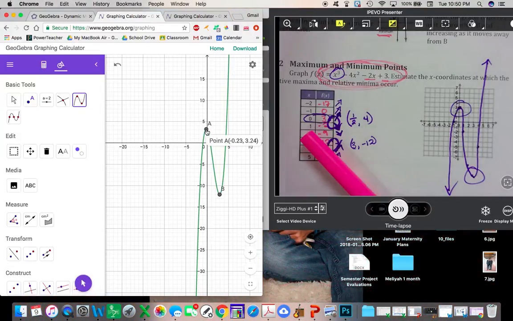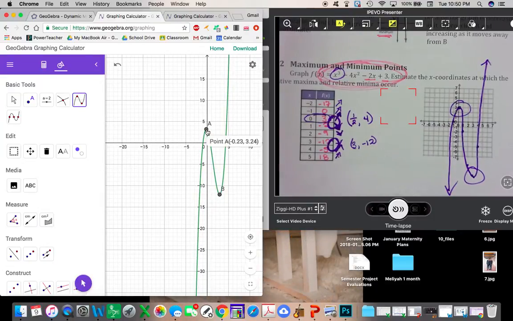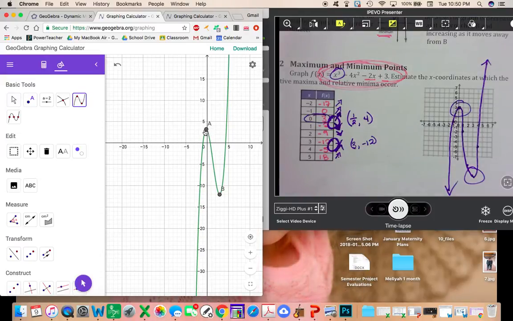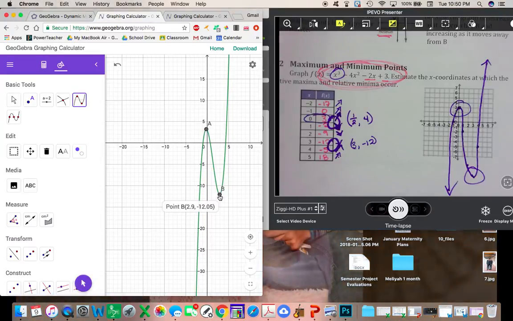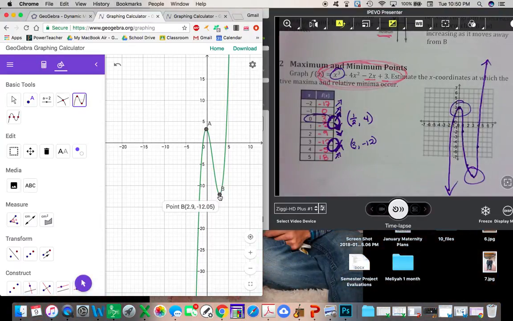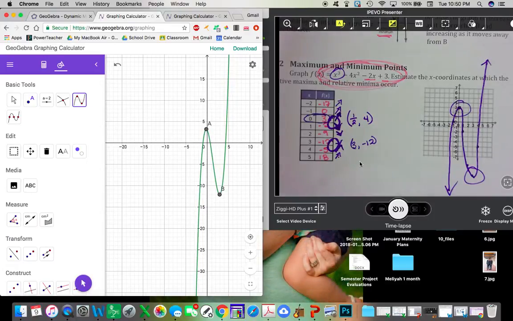So my maximum point is actually at negative 0.23 comma 3.24. I said it was going to be somewhere close to 0 comma 3, and then my low point here is at 2.9 comma negative 12.05, and I said it was going to be somewhere close to 3 comma negative 12.